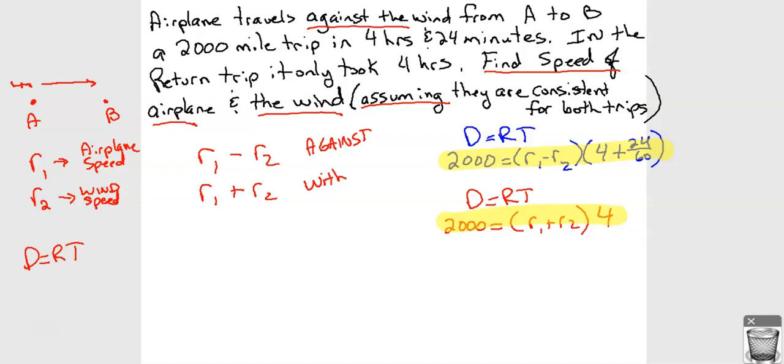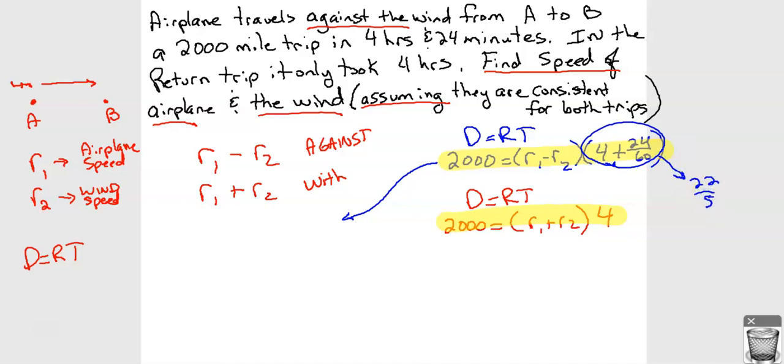So let me simplify the blue equation first. I'm basically going to add this together, and if you pull out your calculator, you can see that this right here is 22/5.